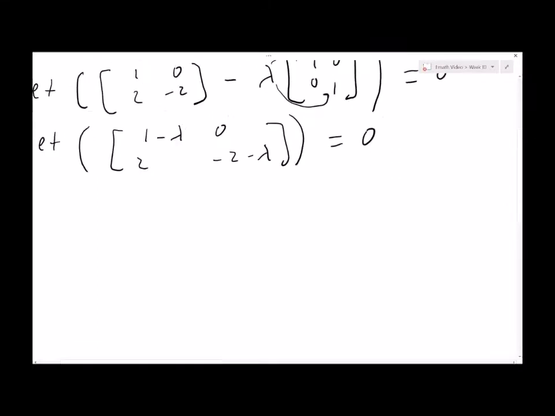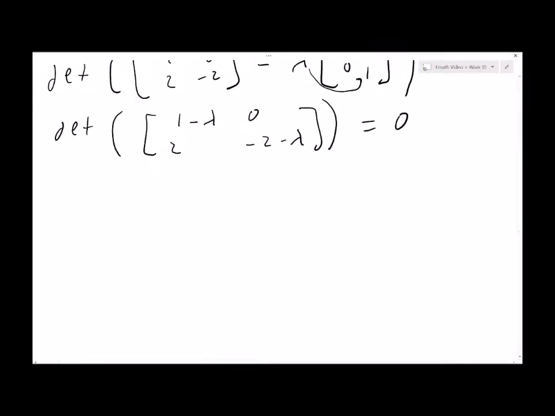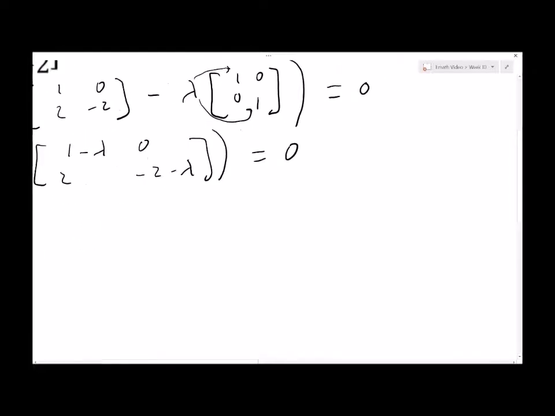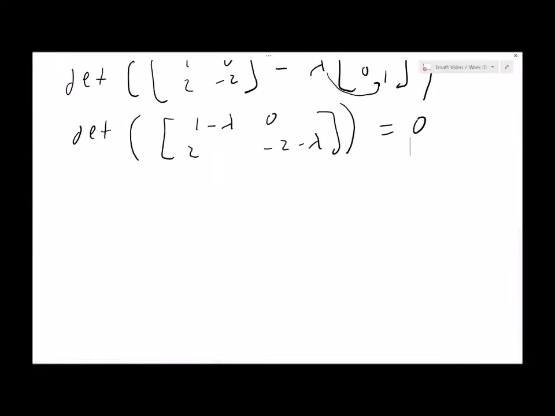So the determinant of a 2 by 2, I don't know if you remember, it's just the first diagonal minus the second diagonal. So this would be 1 minus lambda times negative 2 minus lambda, minus 0 times 2, which would be 0, so that goes away. We're left with 1 minus lambda, negative 2 minus lambda.